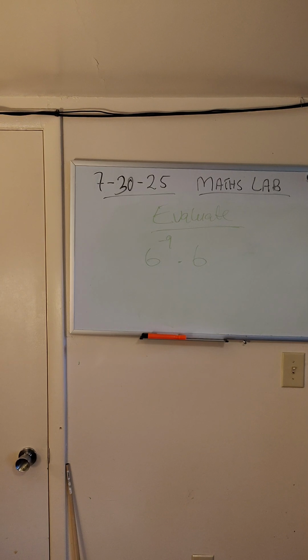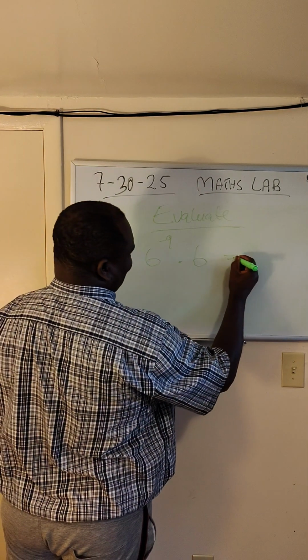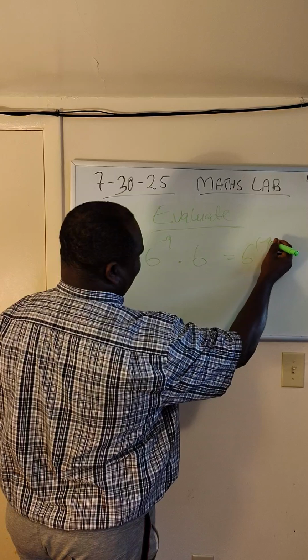To do that, we are going to put 9 in bracket and then see what we get. So this would be 6, and then we have -9 right here.